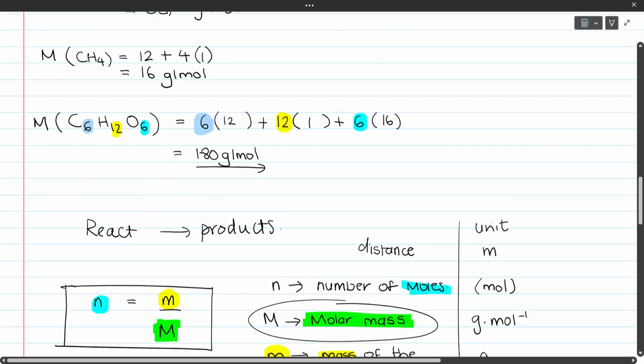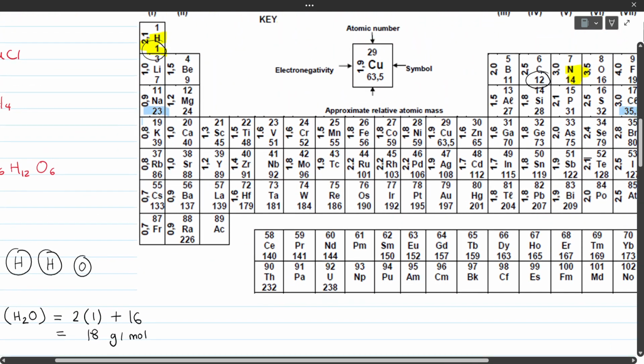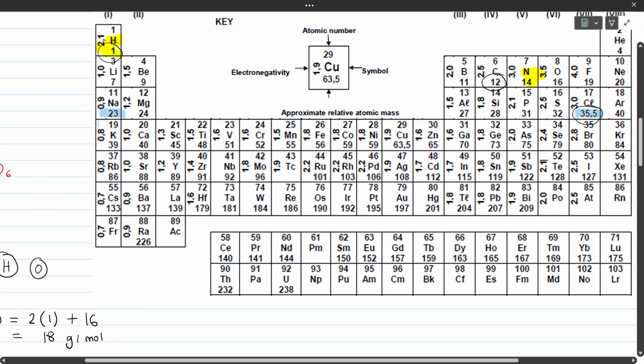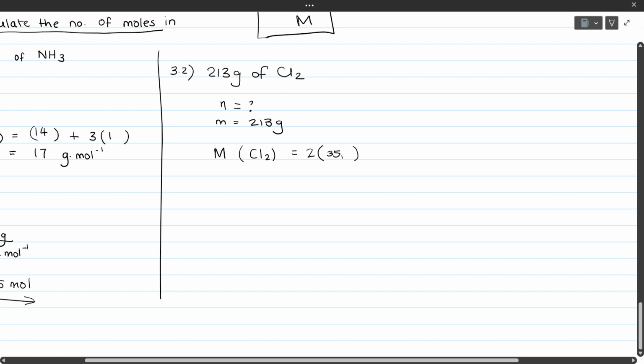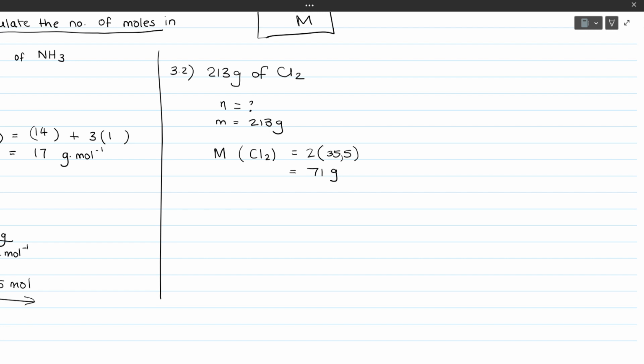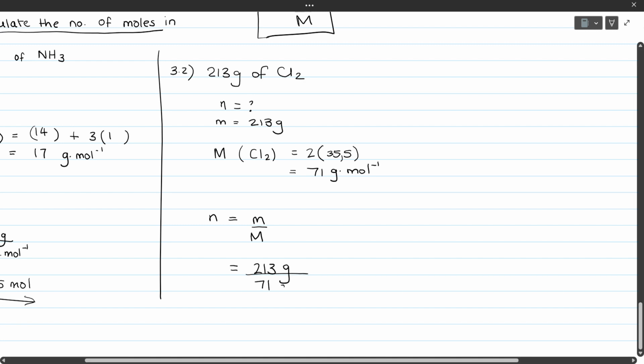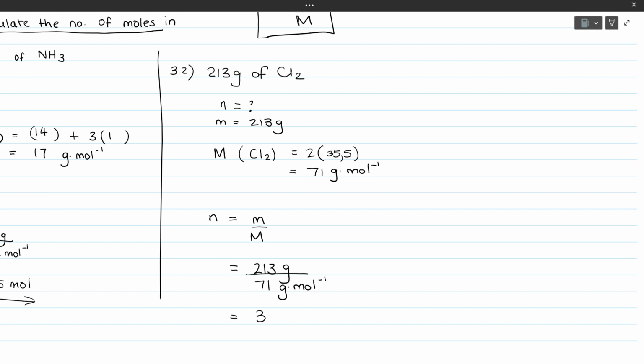If we do that, chlorine gas, we have 35.5. So if we calculate that, that should be 71 grams per mole. And again, a simple case of substitution into the equation. So your answer should be 3 mole.